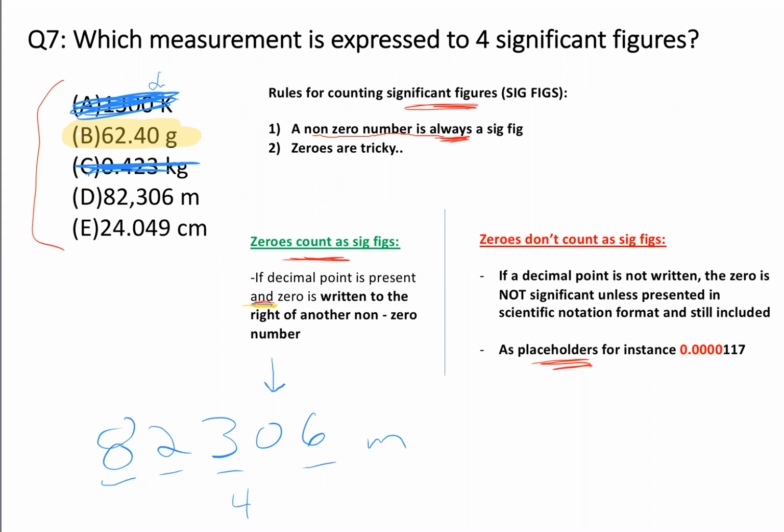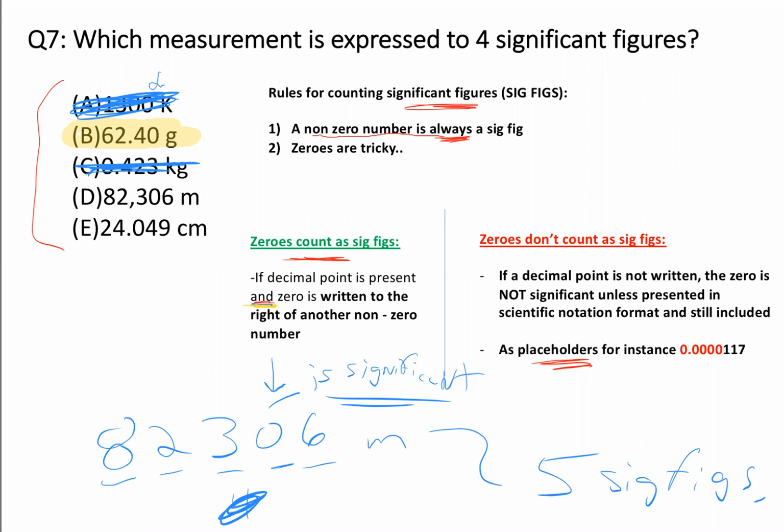Turns out if zeros appear between non-zero numbers, they are significant. So that 0 is significant. It's been measured. So in fact, there's not 4 here, but there are 5 sig figs in this value. So that can't be right.